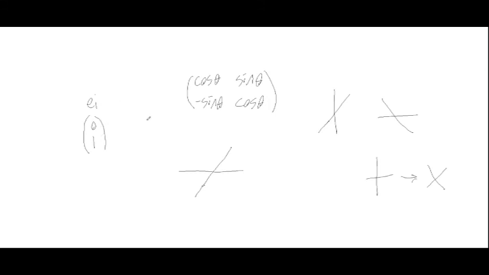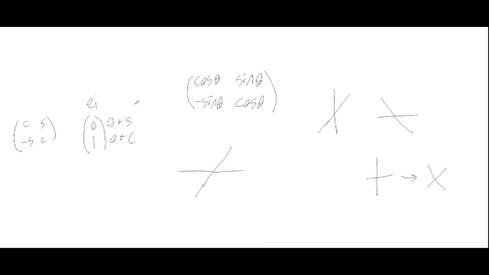And so to do that, I'm just going to use C, S, minus S, and C just to keep things quick here. So our C times 0 is 0, and then our S times 1, so plus S, then our negative S times 0, C times 1, so 0 plus C.